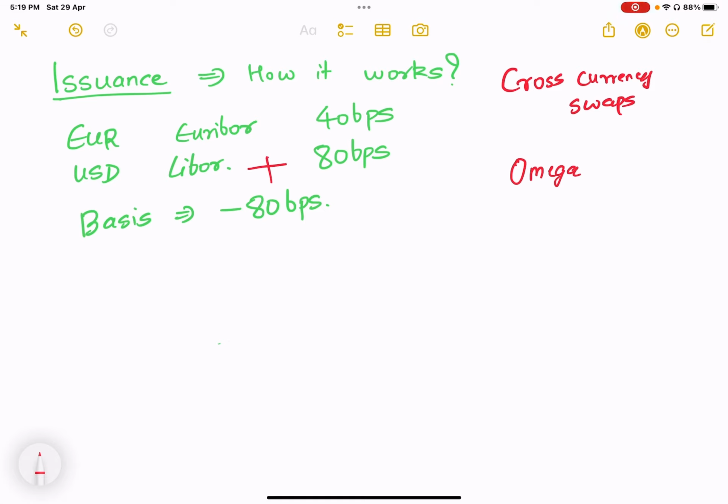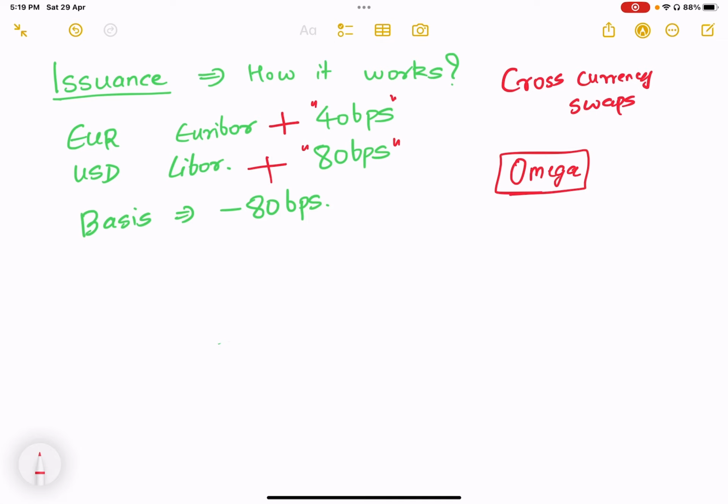If it issues in Europe, it will need to pay Euribor plus 40 pips, because a corporation of similar type, this is more of a risk thing, people expect this much spread for corporations which have similar financial risk as Omega. So if they do it in the US, it is 80 bips. If it's in Europe, it's 40 bips. So you might think it's easier maybe to issue in Europe.